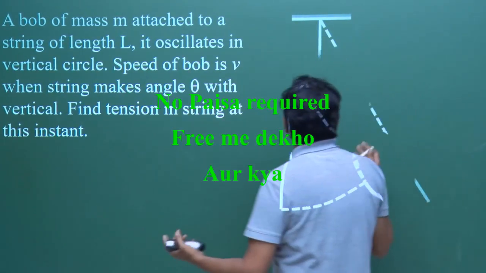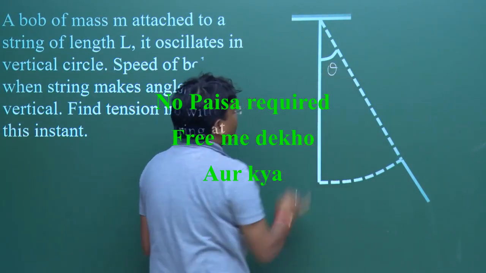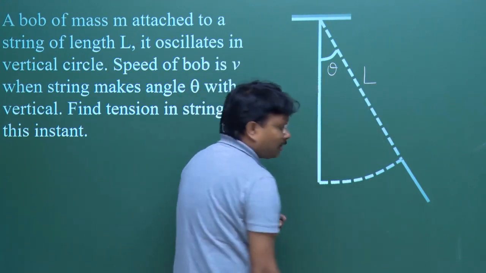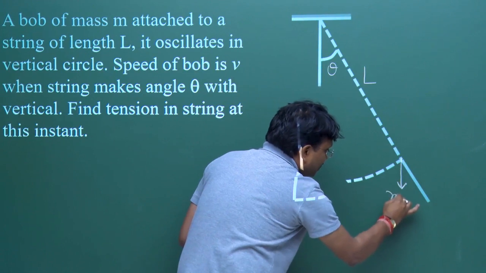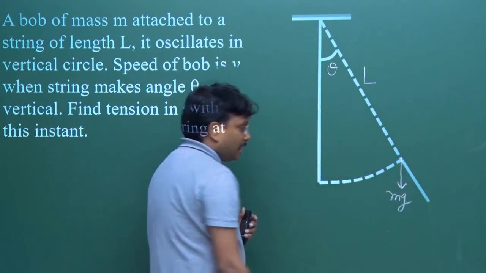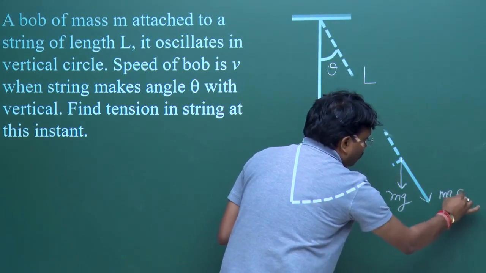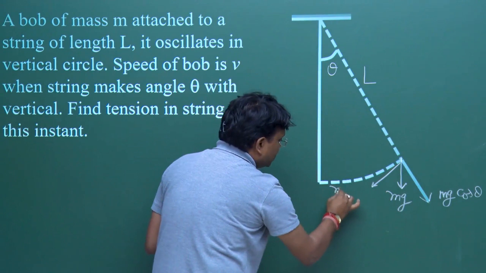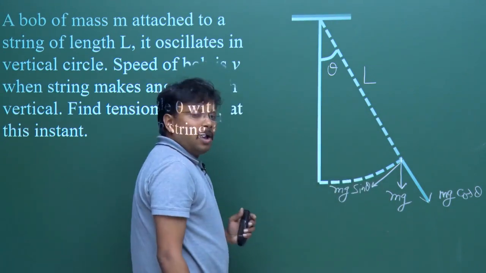Now here, obviously I just completed this discussion, but still this is angle theta, this is length L. Now what are the forces acting here? It is mg, it is mg cos theta, and it is mg sin theta.